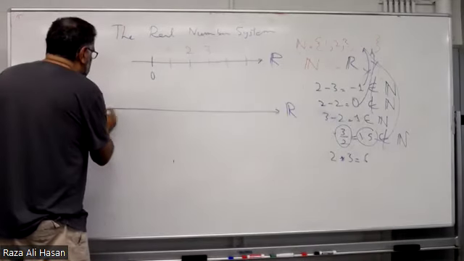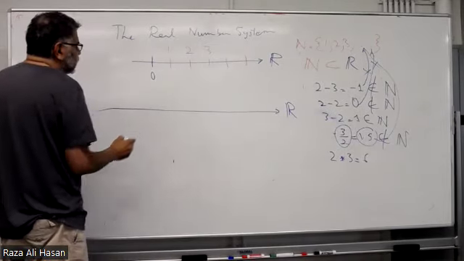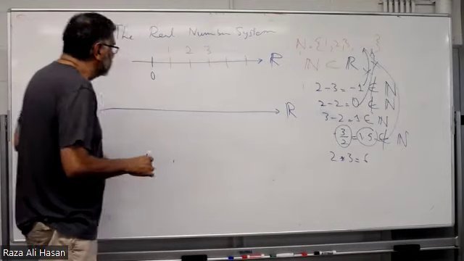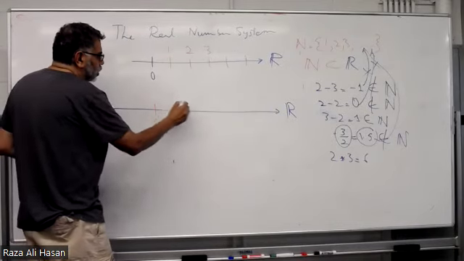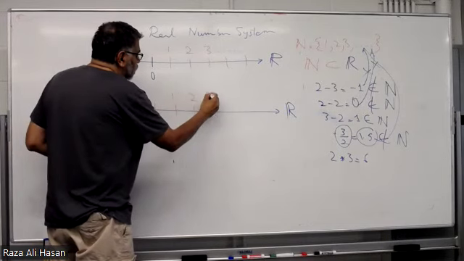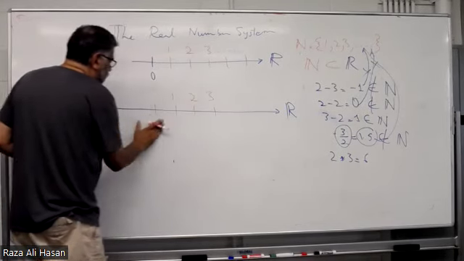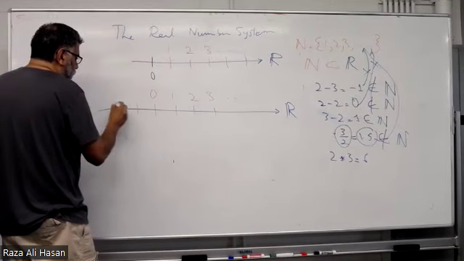All right, so here we go. We're going to expand that, and we want 0 in our set. We want the positive numbers too. I'm going to put 0 up here.